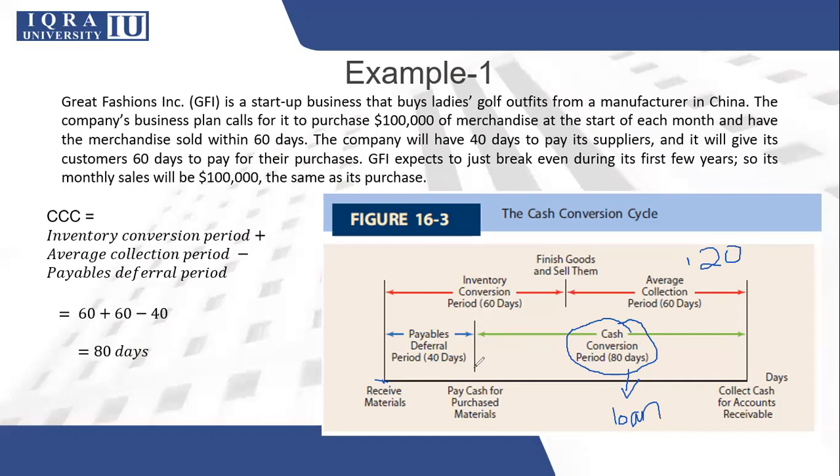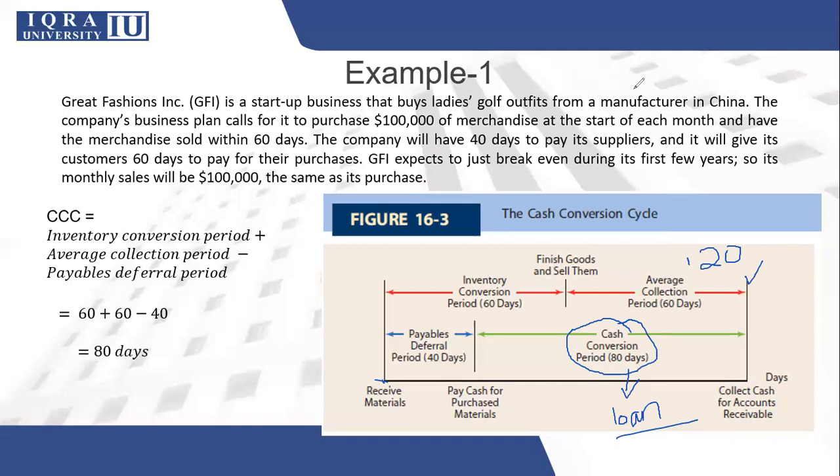So 40 days later, you have paid your suppliers and you're left with a loan for 80 days, which represents your cash conversion cycle. After 80 days, you will get your amount from the customers as well, and then you can pay off this loan. So the longer the cash conversion cycle, the higher will be the interest expenses that the business wants to avoid. Therefore, it is preferred if the cash conversion cycle of the business is low.